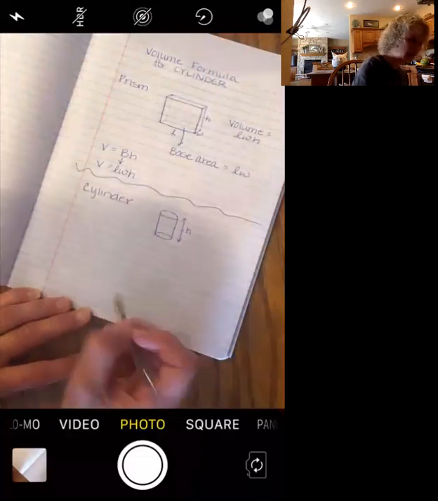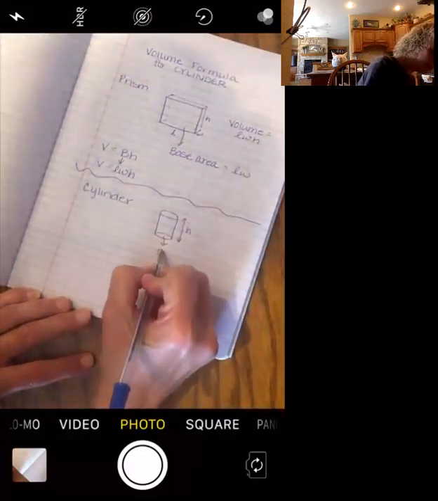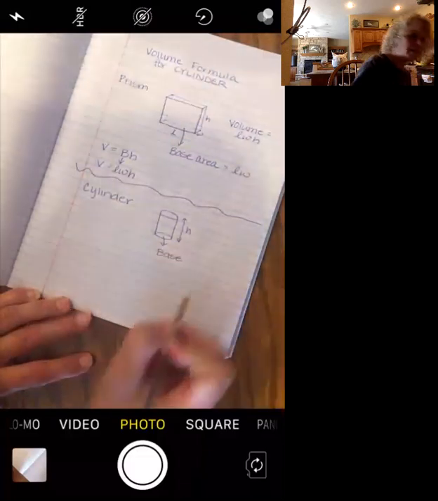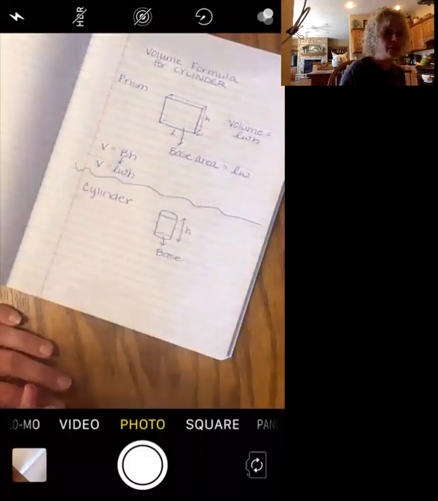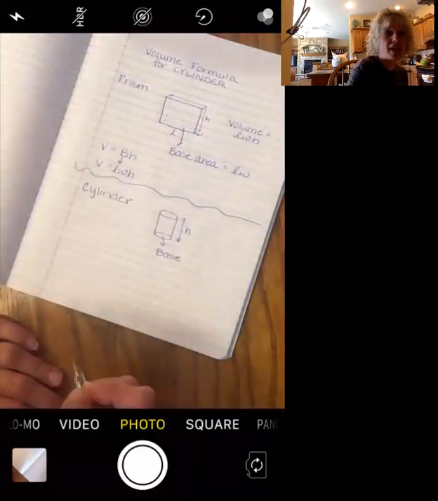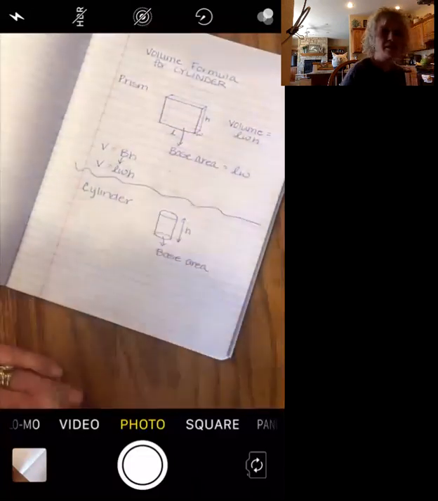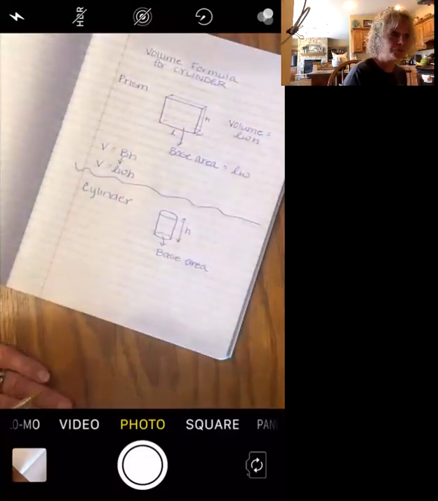And it does have a base that it sits on. There is a base. Now, the base of a cylinder is a circle. So does anybody remember how to find the area of our base, which is a circle?